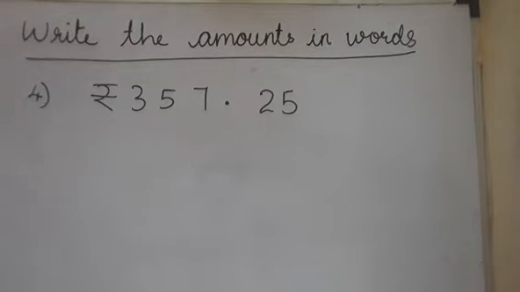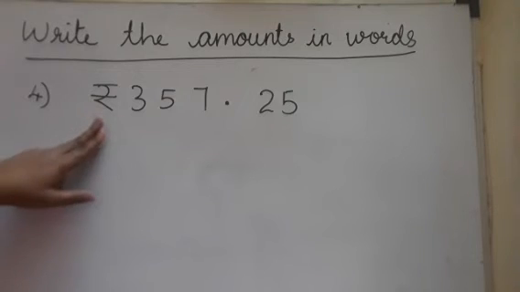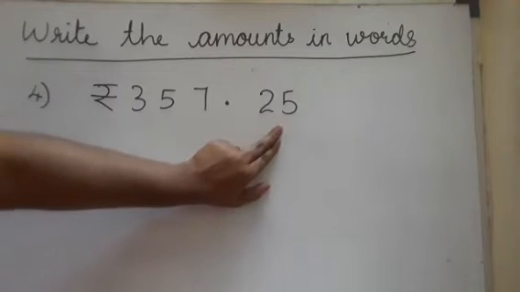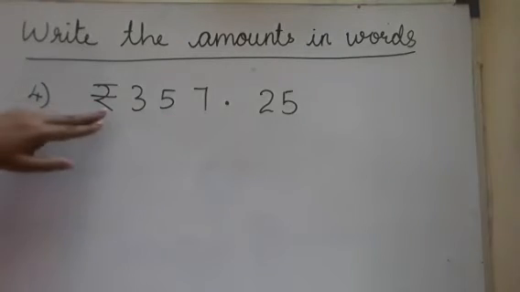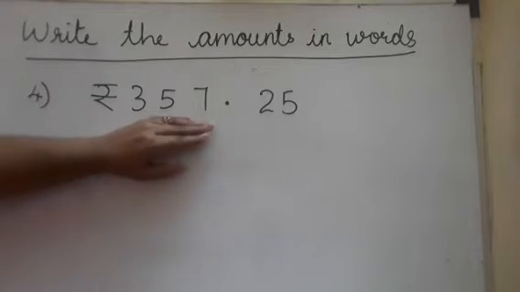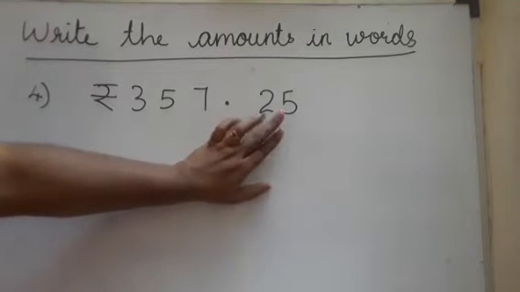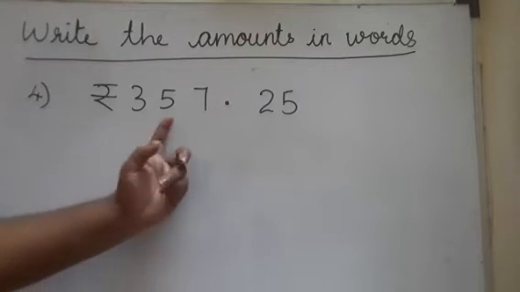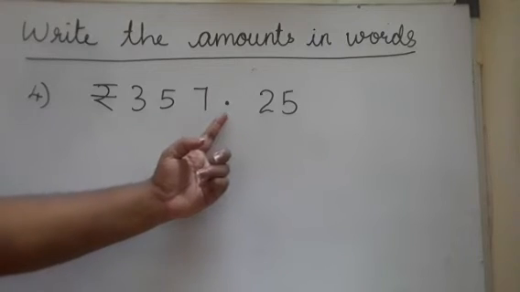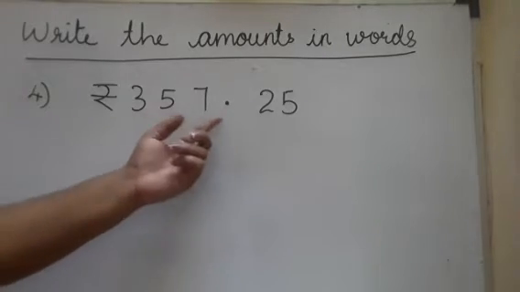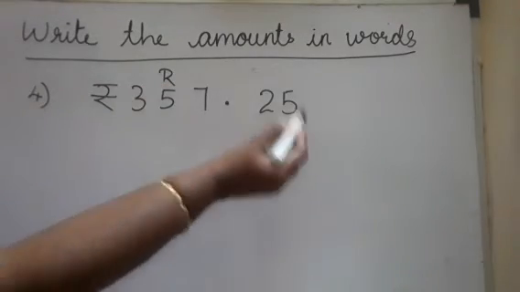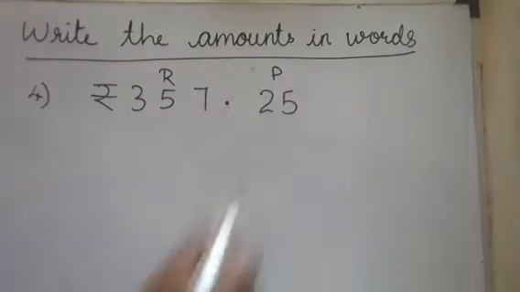Moving to the next question. Look at this. First the symbol of rupees, then a number, a dot, and then another number. We know that this dot is used to separate the rupees and the paise, and that the number before the dot is rupees and the number after the dot is paise.